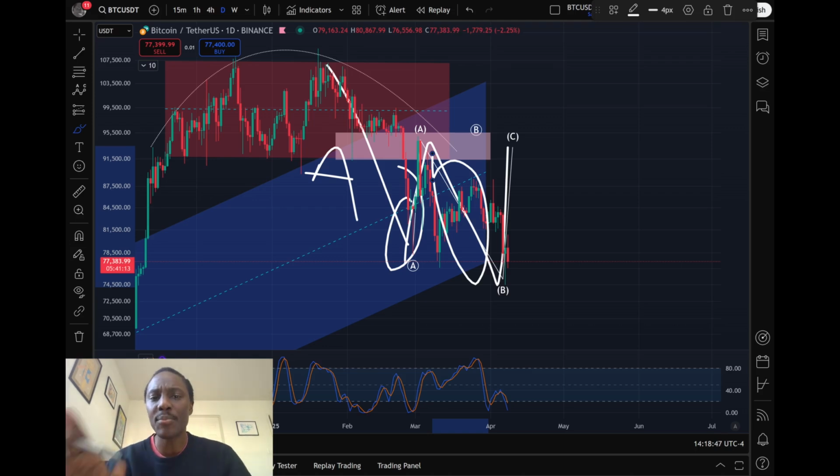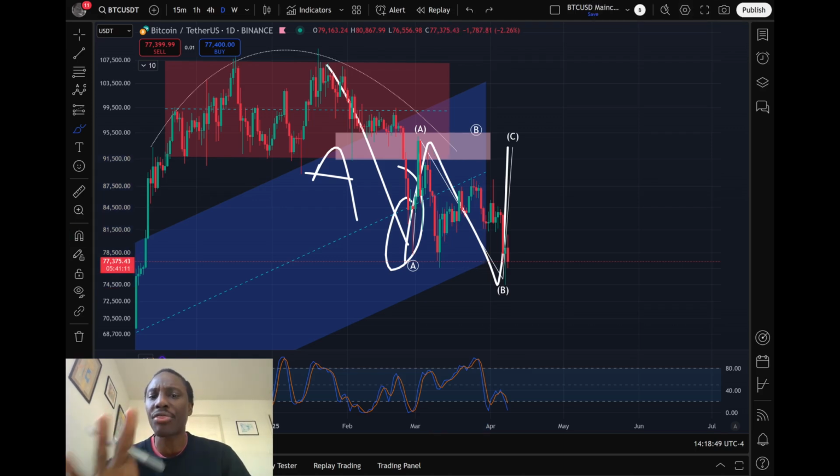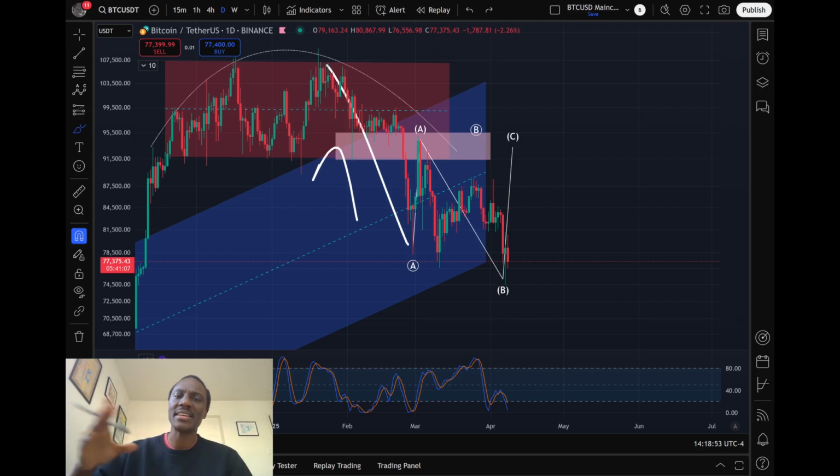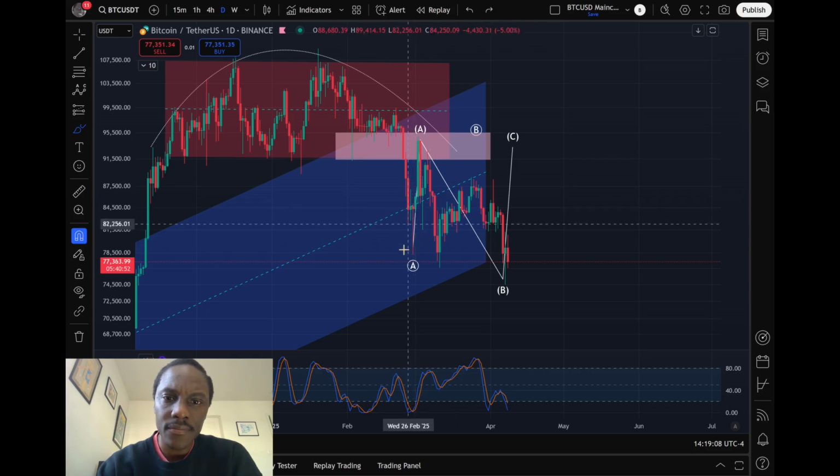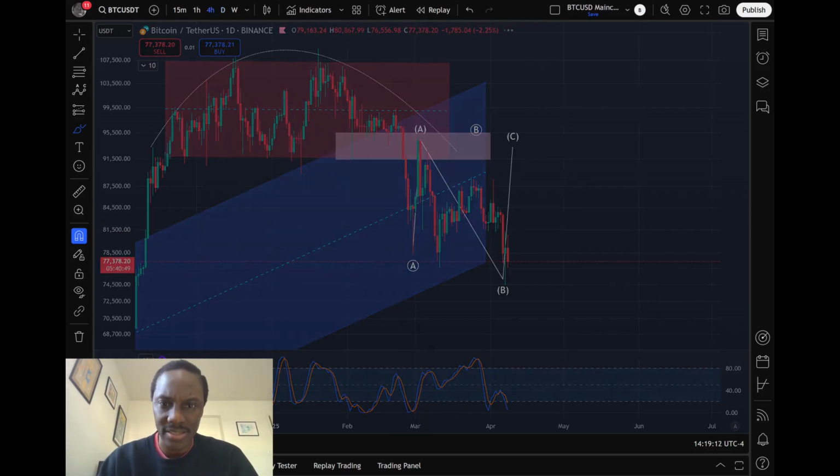But the A and B component at the very least are made up of three smaller components, and it's a fractal thing, so it goes on and on. It's iterative.